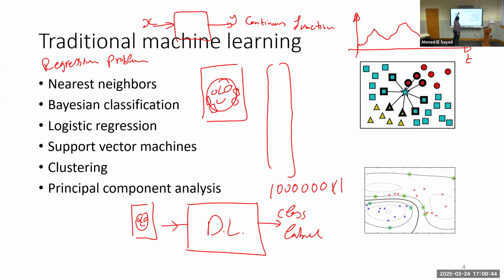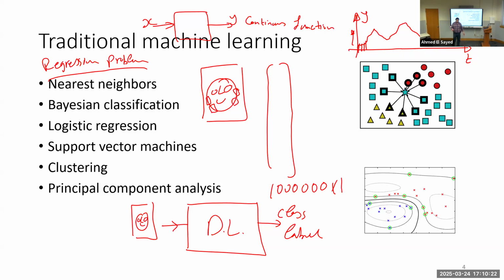If you look at any time point, for every time point there is a value for Y. Also, if you check the value of Y here, you'll find that it's continuous, not discrete by any chance. So this is continuous, and this is continuous. The domain and range are both continuous. That's what we call a regression problem.